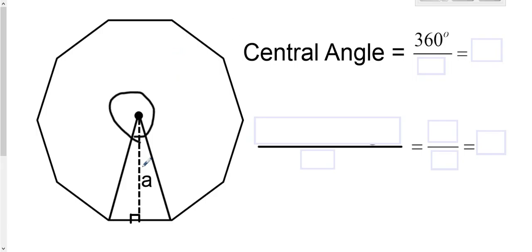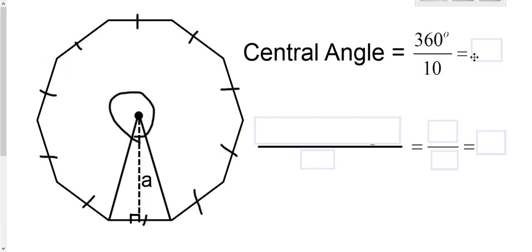If you got it on a piece of paper, you can mark them, or just count. I start at this one right here, this whole side here. This makes 1, 2, 3, 4, 5, 6, 7, 8, 9, 10. Remember, we split this one into 2 pieces, but that's just one central angle. So there's 10 altogether.